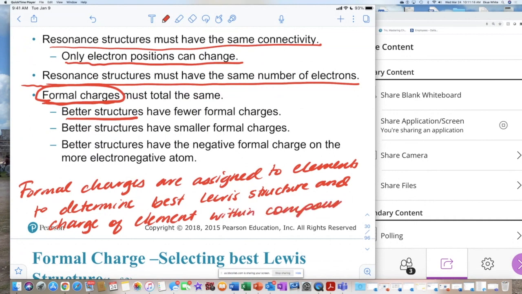And this will make more sense when we're actually working this out, right? Sometimes we're trying to figure out which of the elements actually has a negative charge or which one is more like a negative, right?